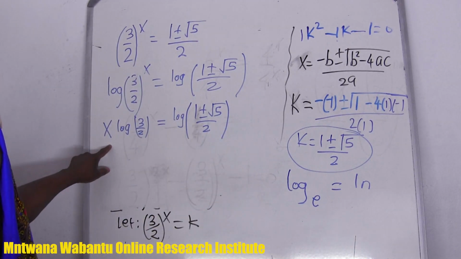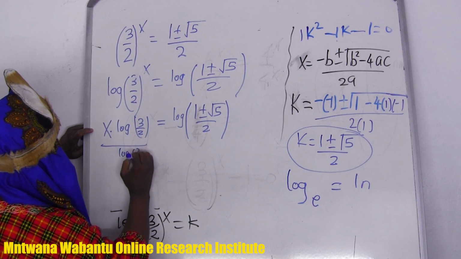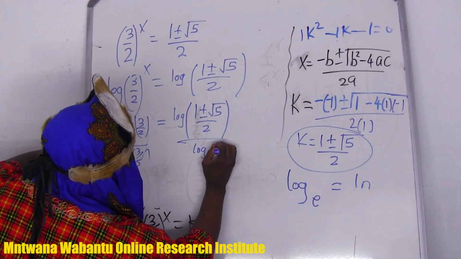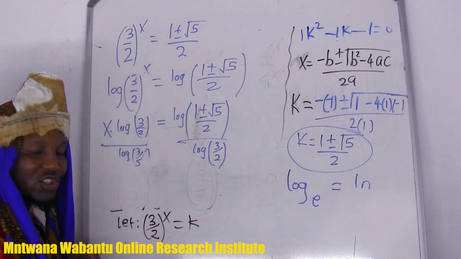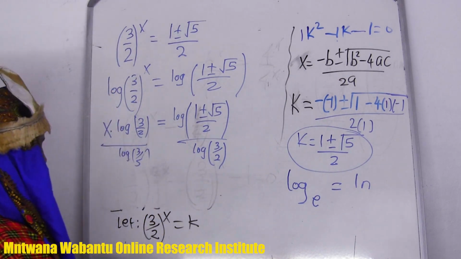To get the value of x, we must divide by log(3/2).